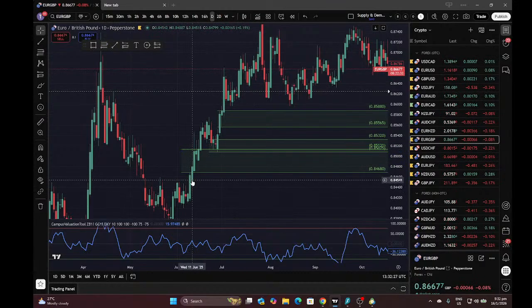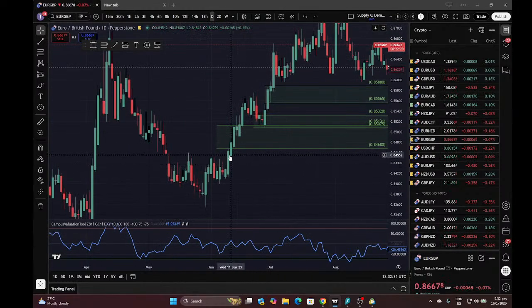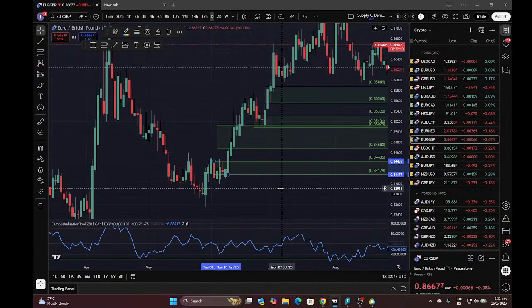I would say this is a decisive candle, so the body is more than 50% of the whole candle, and there is another zone here. Okay.